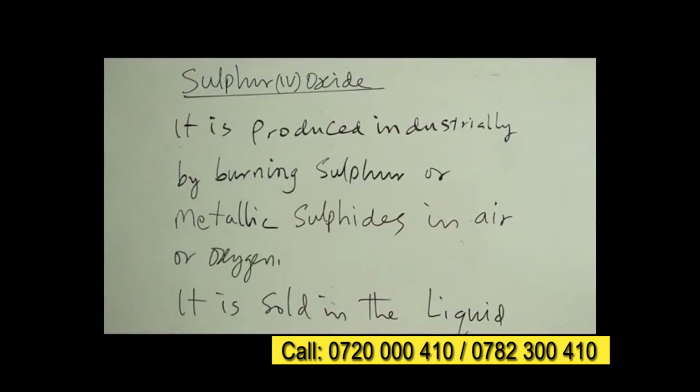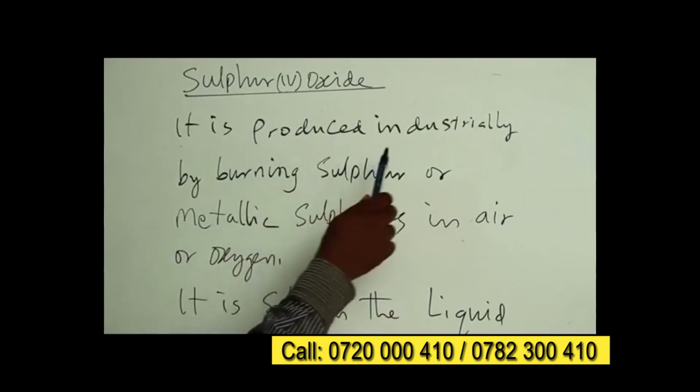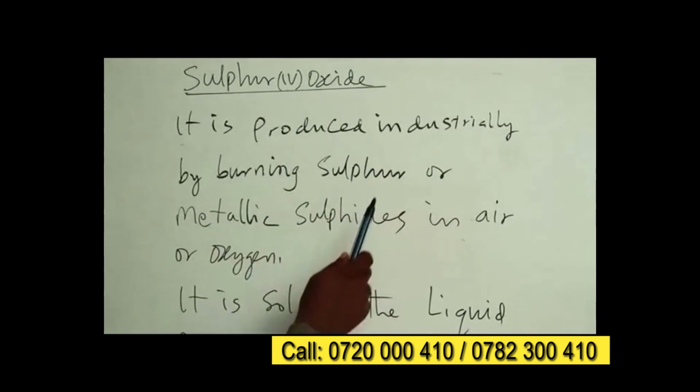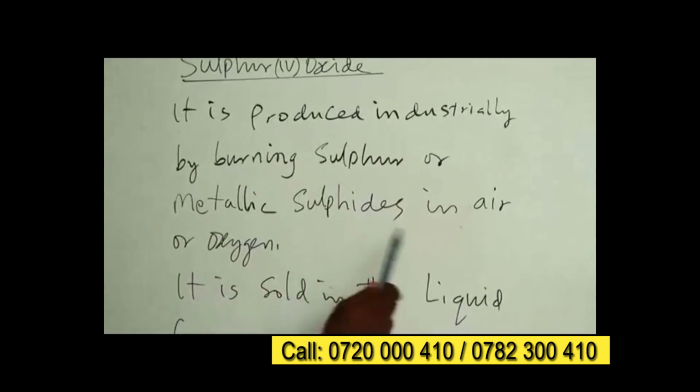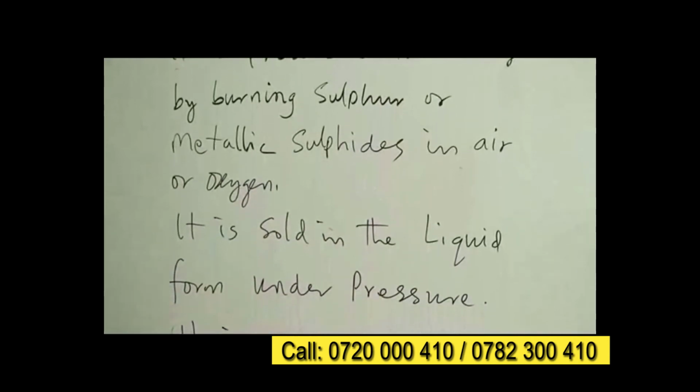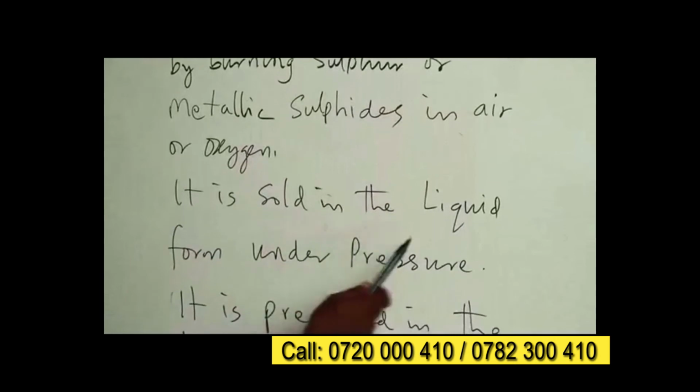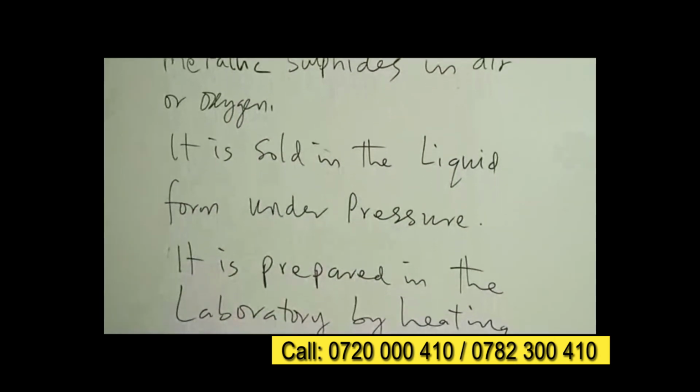Sulfur oxide. It is produced industrially by burning sulfur or metallic sulfides in air or oxygen. It is sold in the liquid form under pressure.